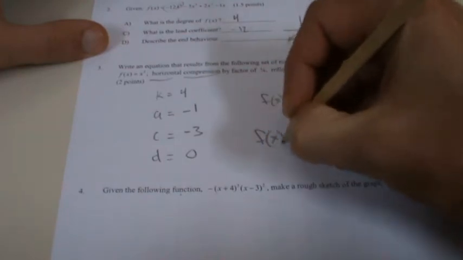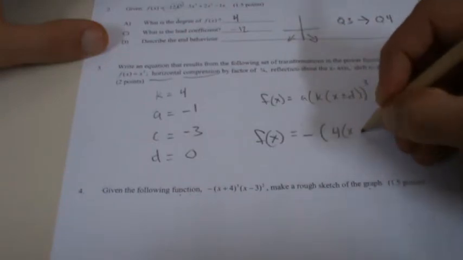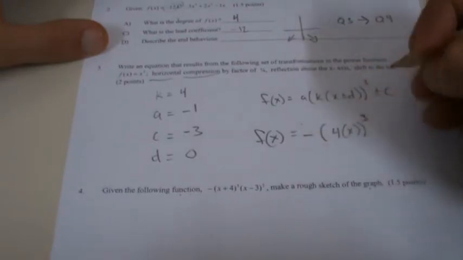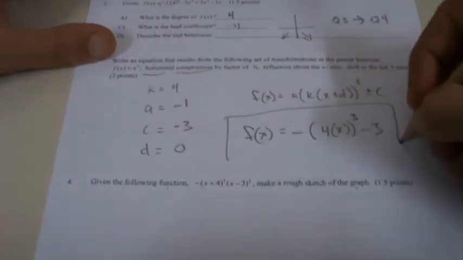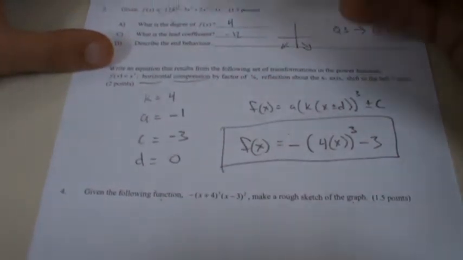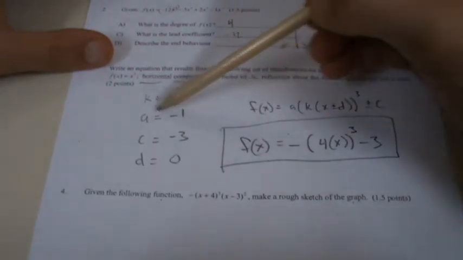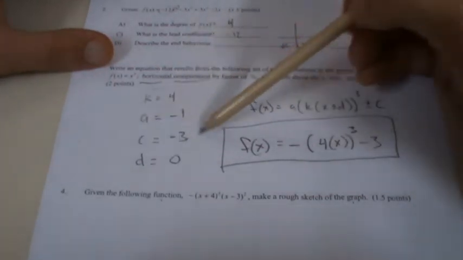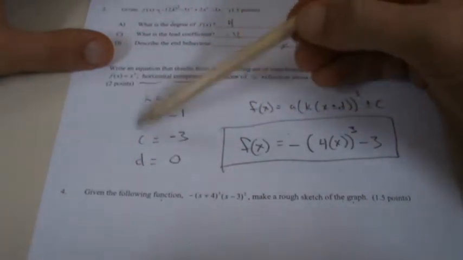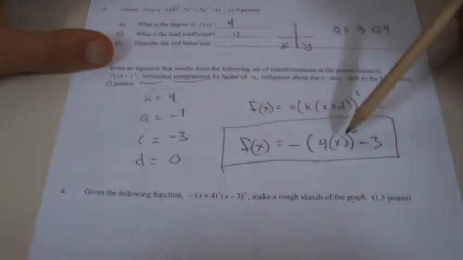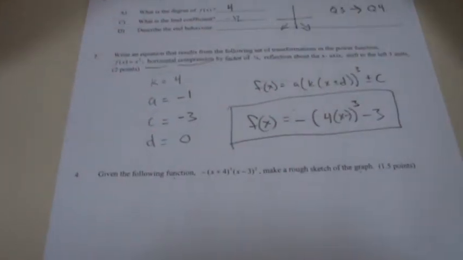And so my final function is negative (4x) to the third minus 3. Essentially it just comes down to knowing that this translates to that, this translates to that, and if I had something about shifting to the left or right, I would translate it to that. Then I'd take all those numbers and throw them in there. If the number doesn't appear, just don't put it. I could have put plus 0 if I wanted to here.